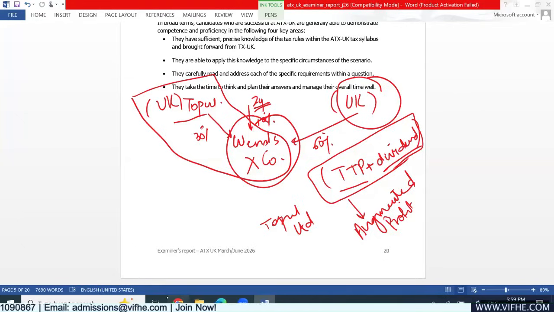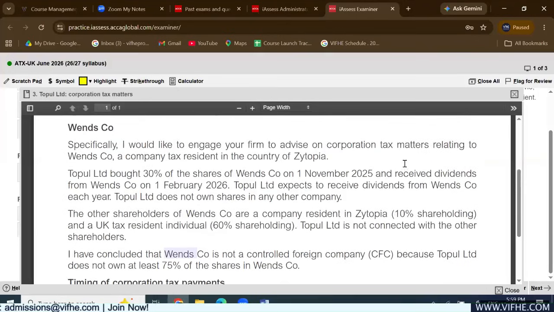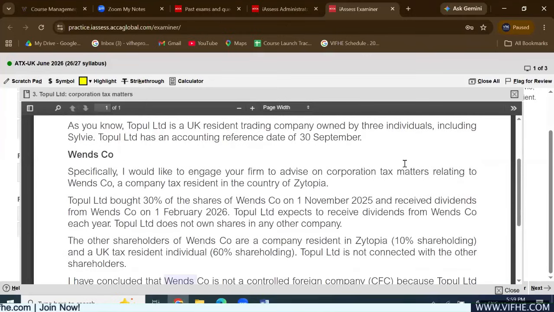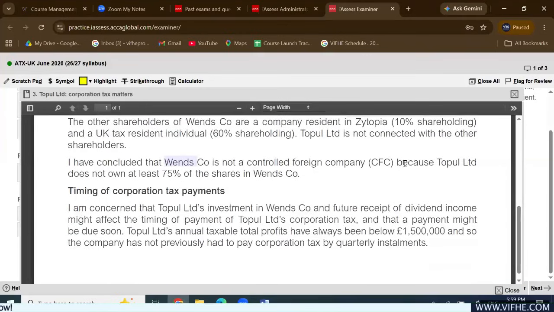Okay. So once again, having a look at the information given with respect to Topal Limited. In this paragraph, it is said that they are concerned that Topal Limited's investment in Wensco will lead to future dividend income, which is going to impact them in such a way that their profit, which was previously found to be less than 1,500,000 pounds, by including the dividend received from a non-associated company, will make their augmented profit cross this threshold.